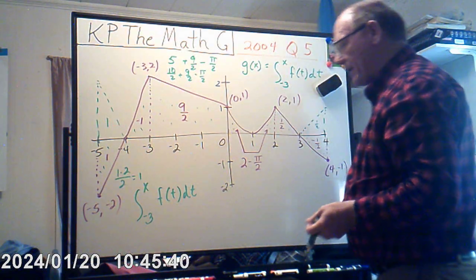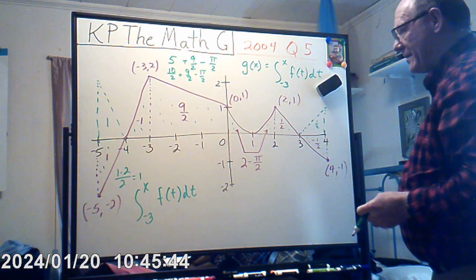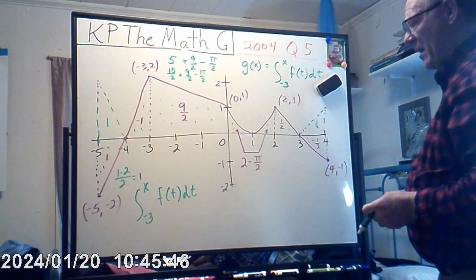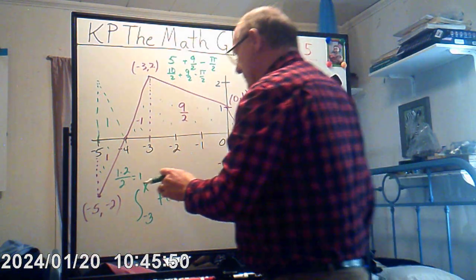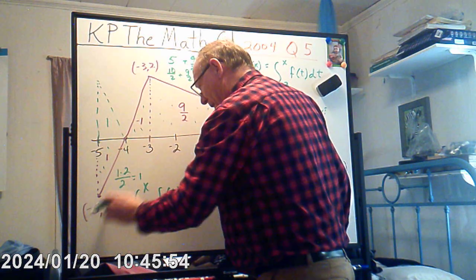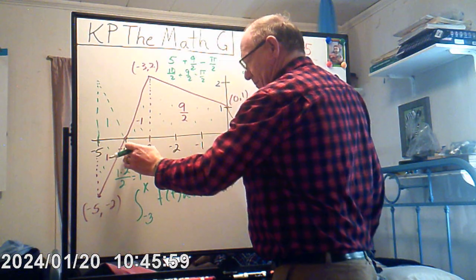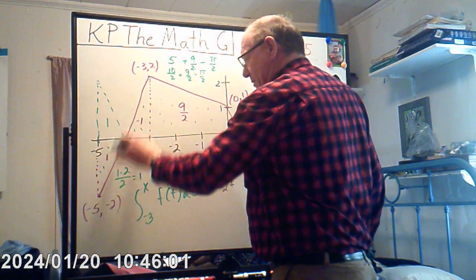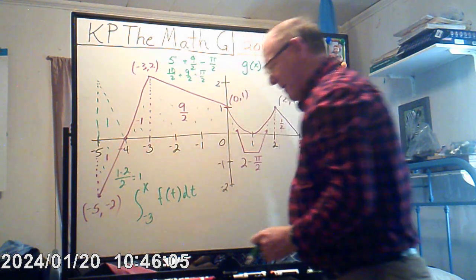Okay, so if we were to plug these in, let's see, if I were to plug in the negative 5, or actually from negative 4 to 3, it's the same area, except this is negative 1 and this is 1.